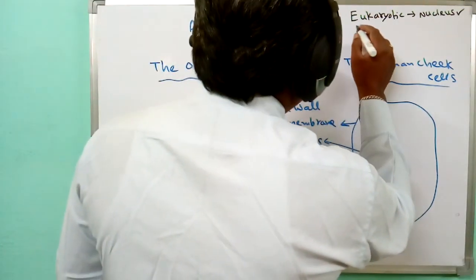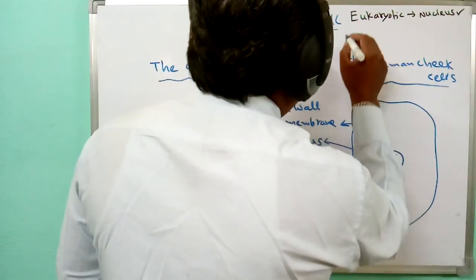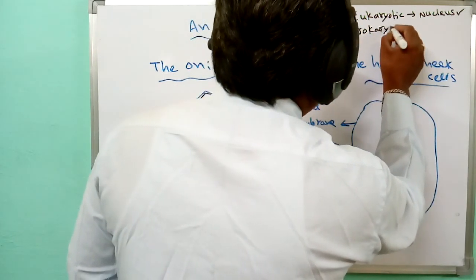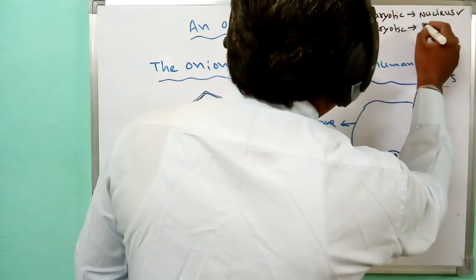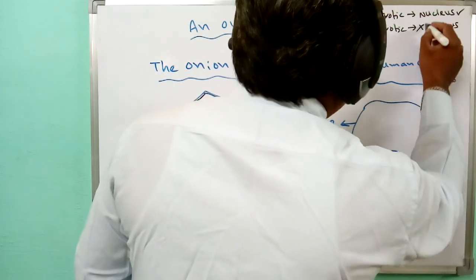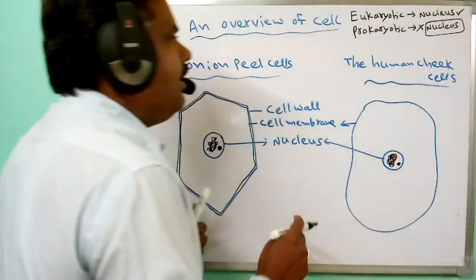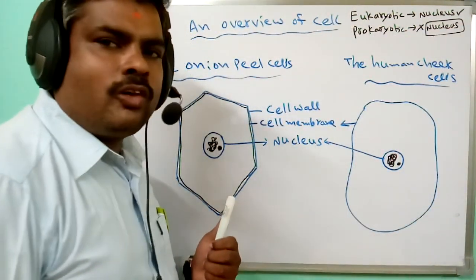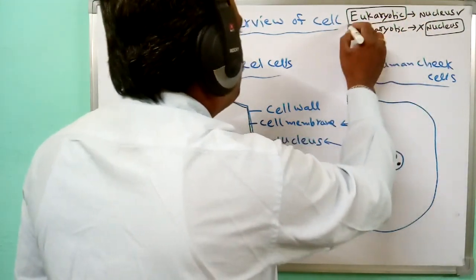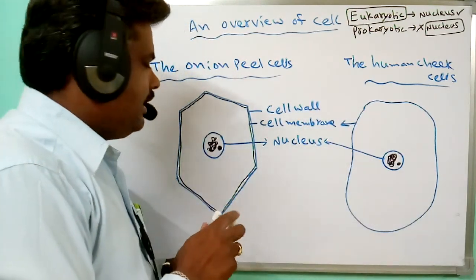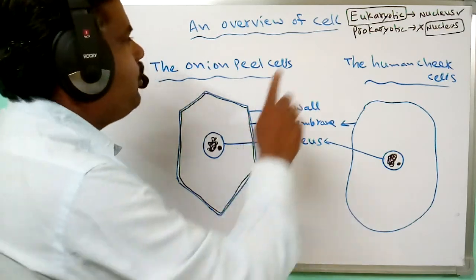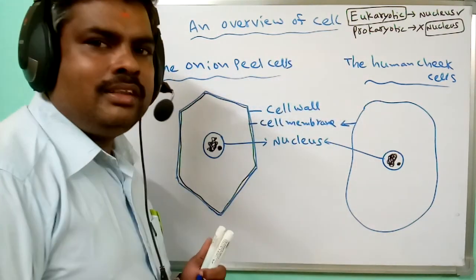Those cells that do not have a nucleus are known as prokaryotic cells, where the nucleus is absent. So based on the presence of the nucleus, cells are divided into prokaryotic and eukaryotic cells.